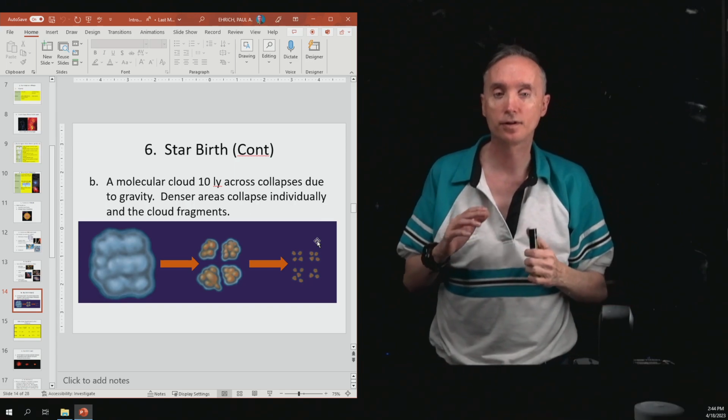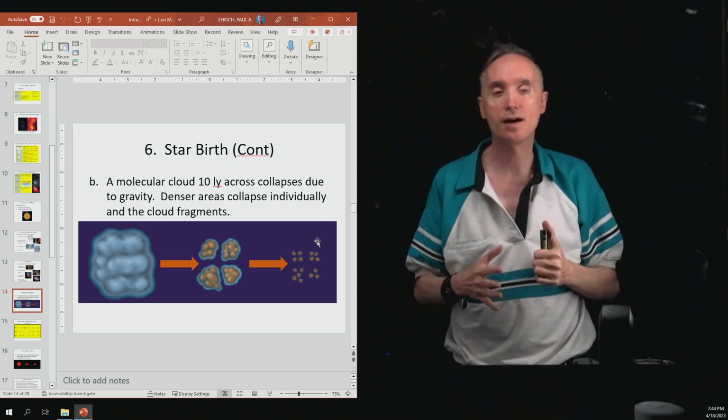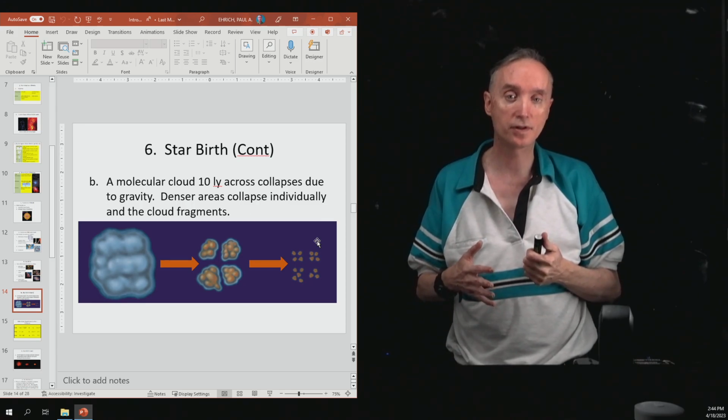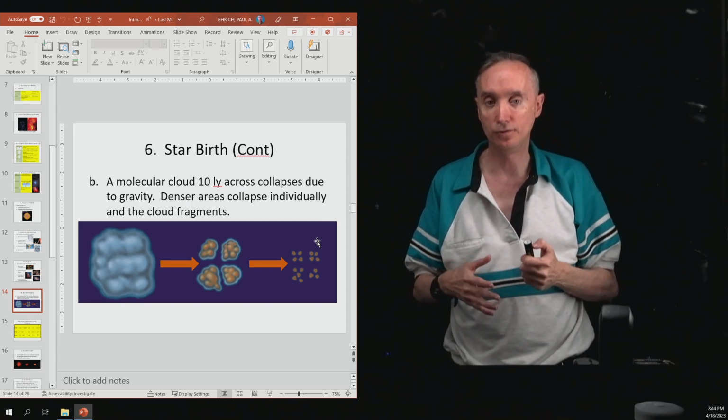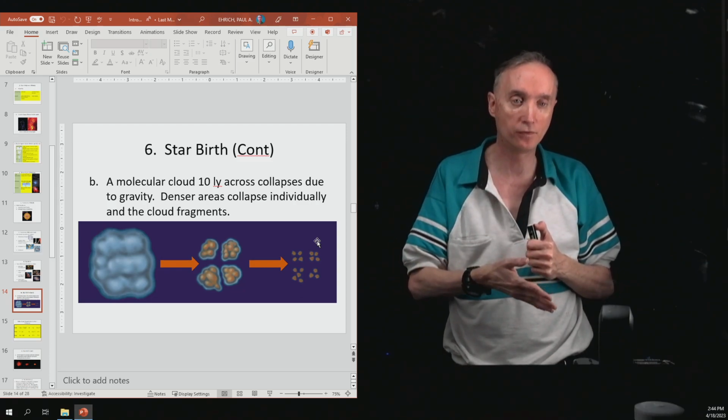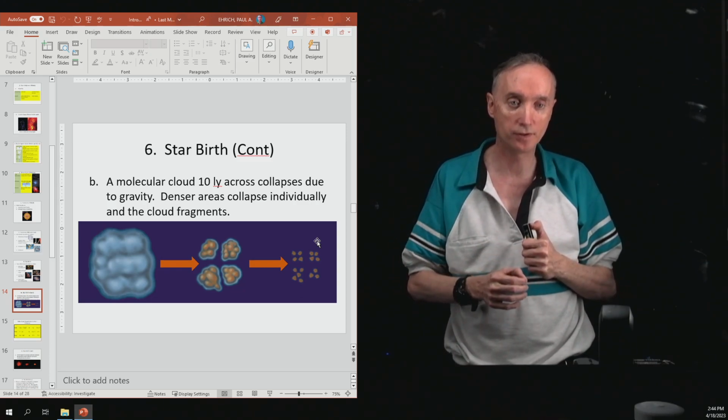So the current size of our solar system is about 40 AUs. So the distance from our sun to Pluto is about 40 astronomical units.